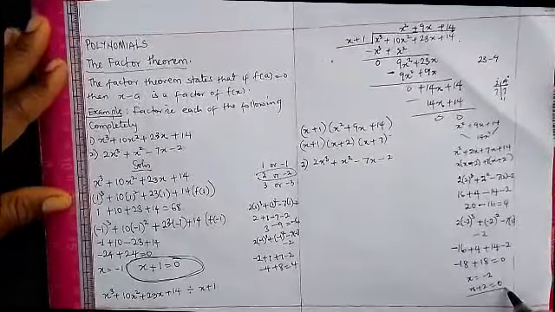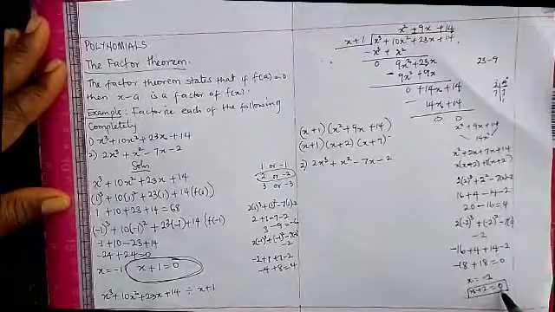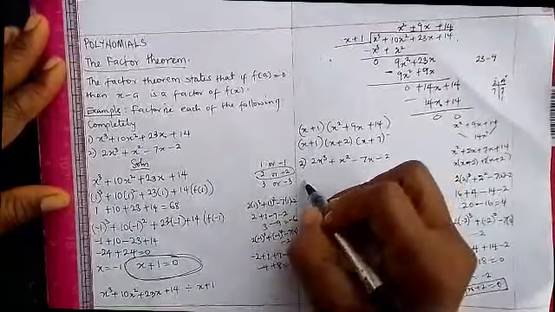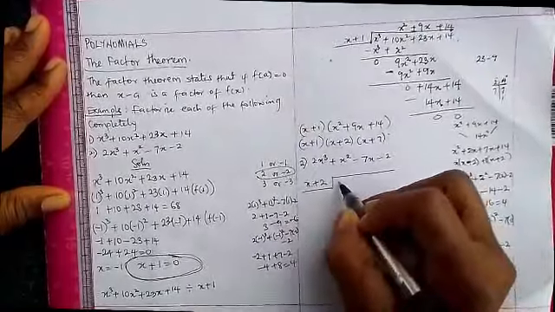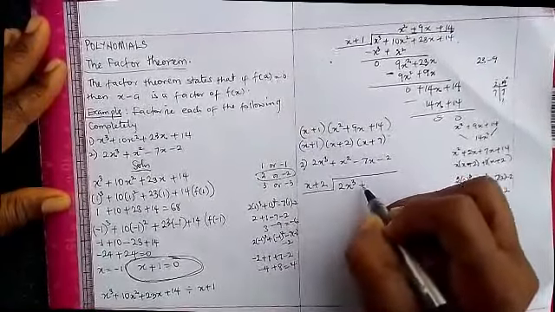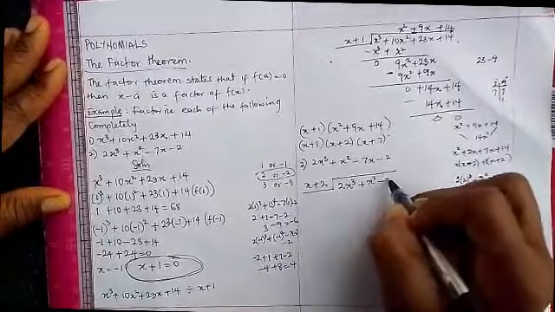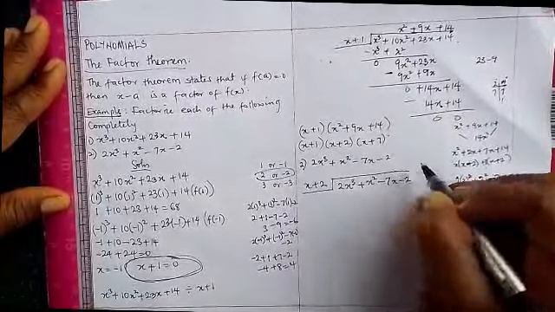We divide our polynomial by x plus 2. We have x plus 2 into 2x raised to the power of 3 plus x squared minus 7x minus 2.